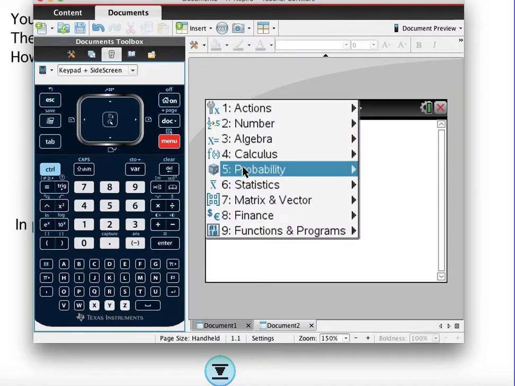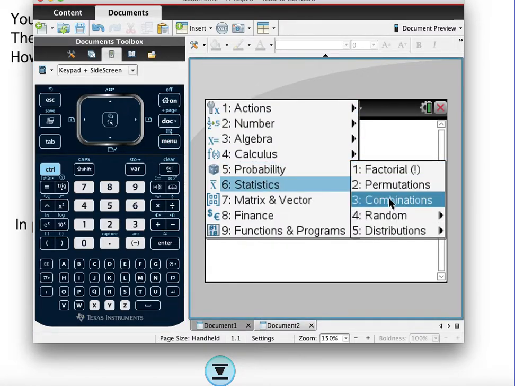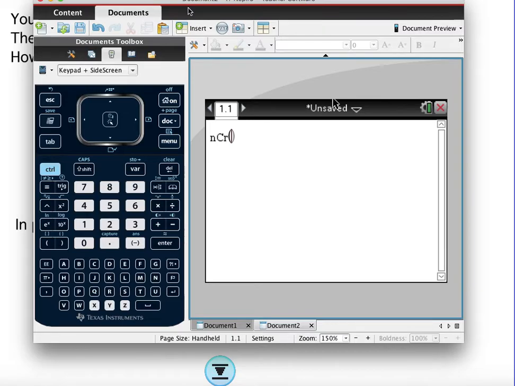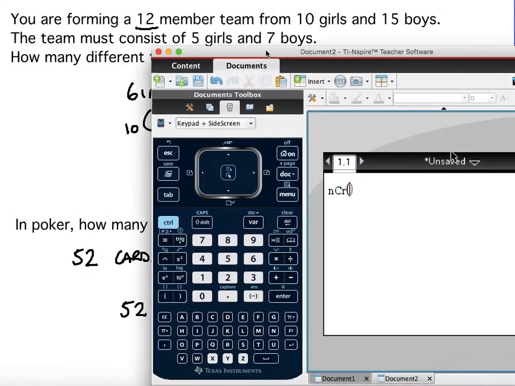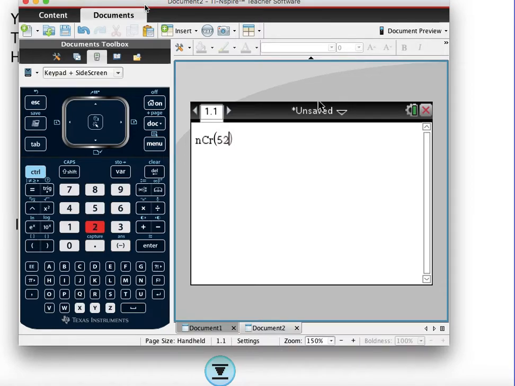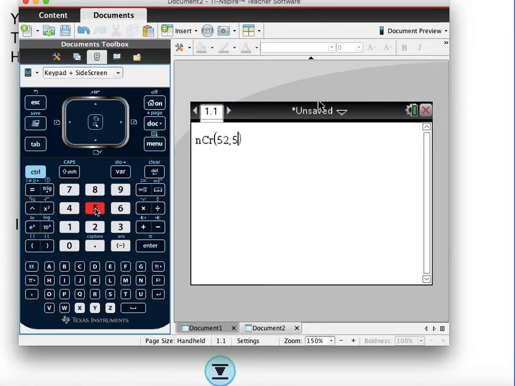Menu 5 is probability, 3 is combinations. And then we're going to type in for this problem, it was 52, choose 5. So I'm going to do 52, and then I'm going to do this comma, and then 5. And that is our answer.